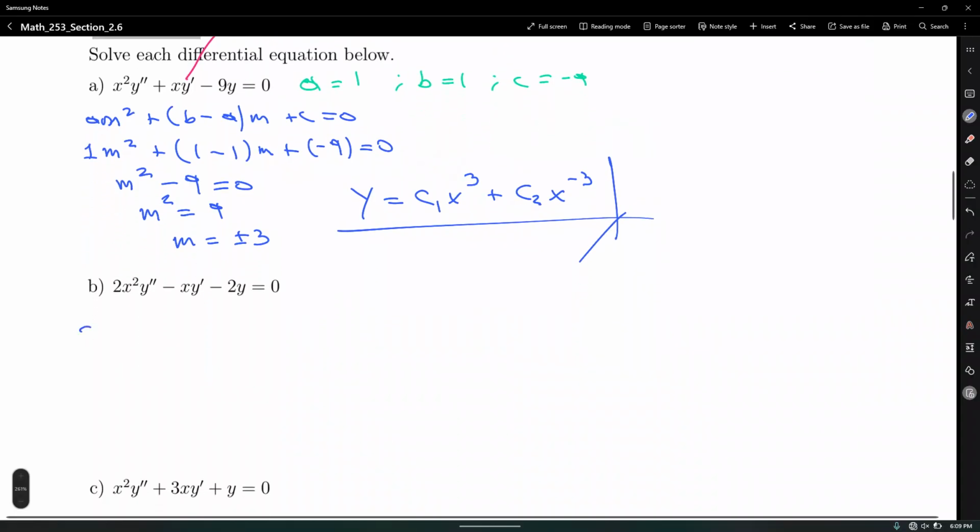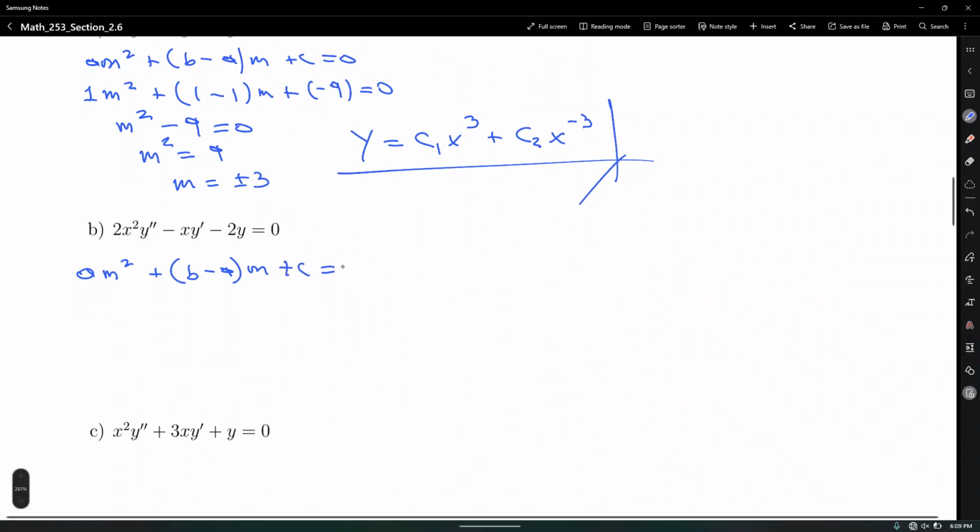So am squared plus b minus a m plus c equals 0. All right. So a, which in this case, what is that? Is that 2? 2m squared plus b. Be careful here with what b is.